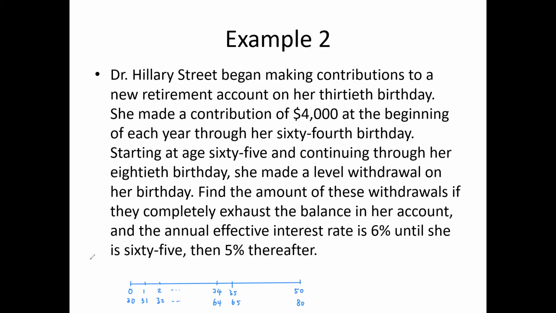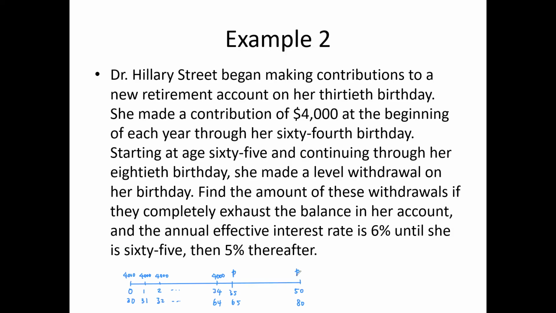Okay. So starting on the 30th birthday, at that particular time, she contributes $4,000. I'm now going to put a dollar sign to save space. And that continues till the 64th birthday, so that's here. And then starting at age 65 and continuing, she would make a level withdrawal P. I don't know what that value is.